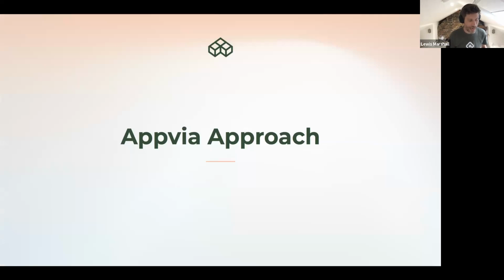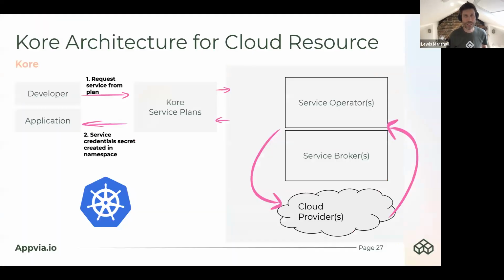So what is the Appvia approach in this space? We have an open source application core, and we've been teasing out the details to provide this very capability for our clients. We want a developer to be able to request a service from a plan.